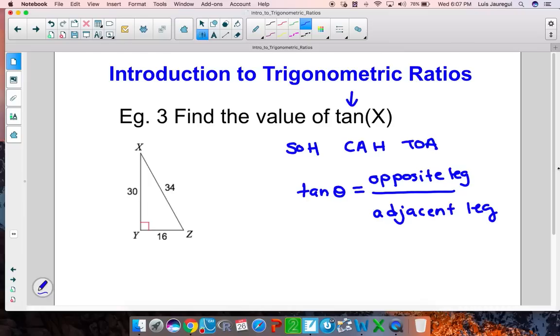Now let's take a look at the angle of interest. In this case, it's x. So let me go ahead and find angle x. Here it is. Let me circle that. Based on that, I'm going to label the parts. The side across from that angle is what we refer to as your opposite leg.